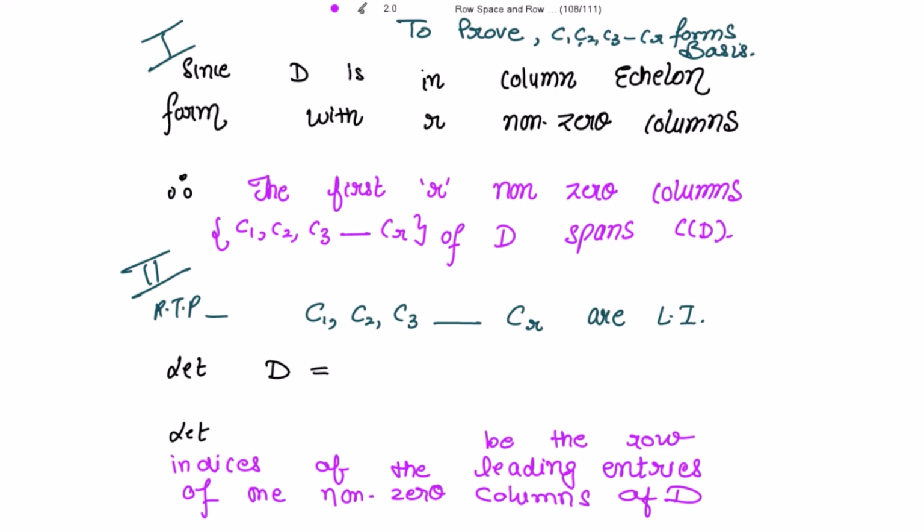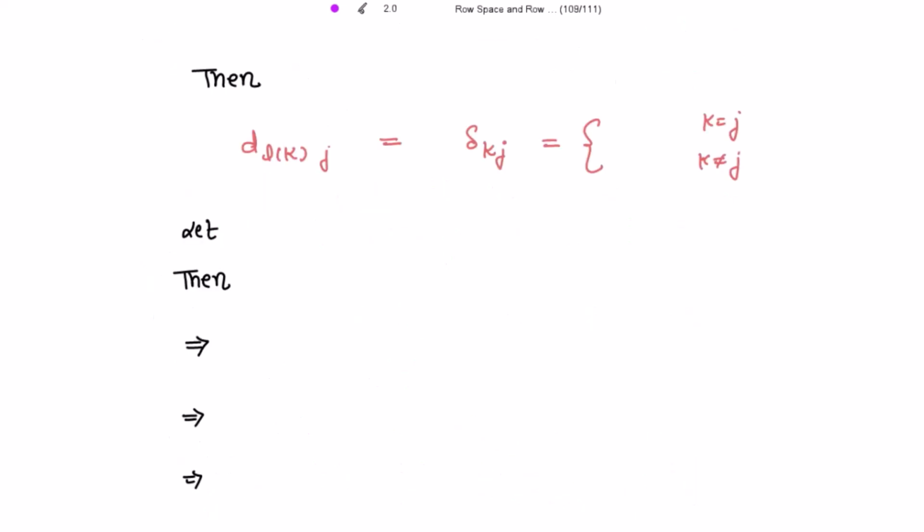Second, we are required to prove that these columns are linearly independent. So let the matrix D be equal to D_ij, and let L1, L2, L3 up to Lr be the row indices of the leading entries of the non-zero columns of D.